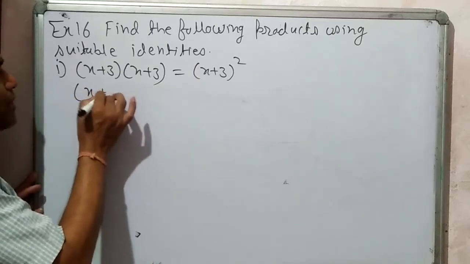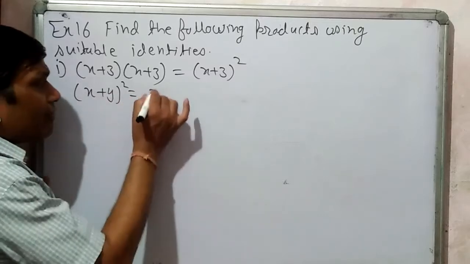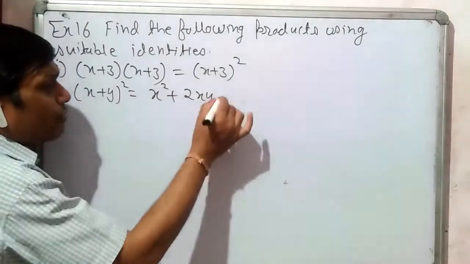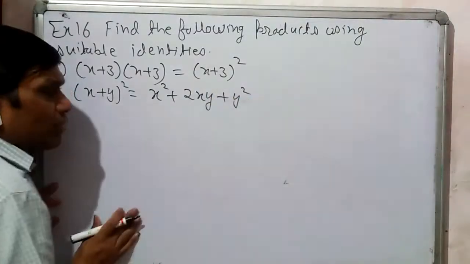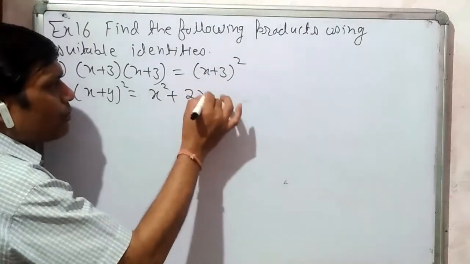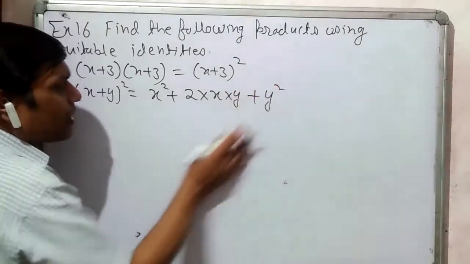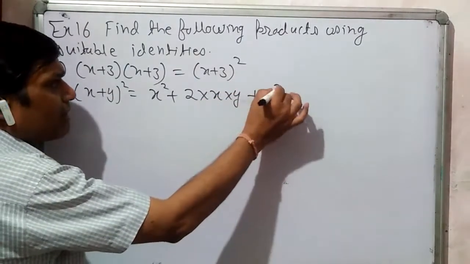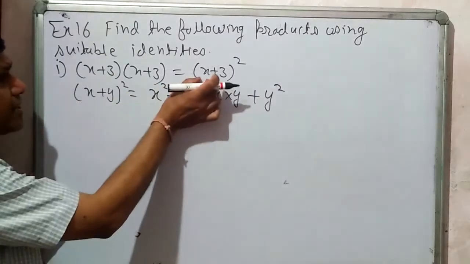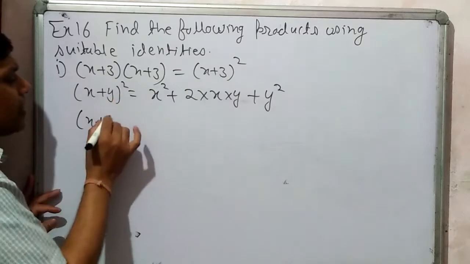We write (x plus y) whole square, which is x square plus 2 into x into y plus y square. We can rewrite this 2xy as 2 multiplied x multiplied y. That is our identity. Now let us identify: in place of x in the given question is x, in place of y it is 3.